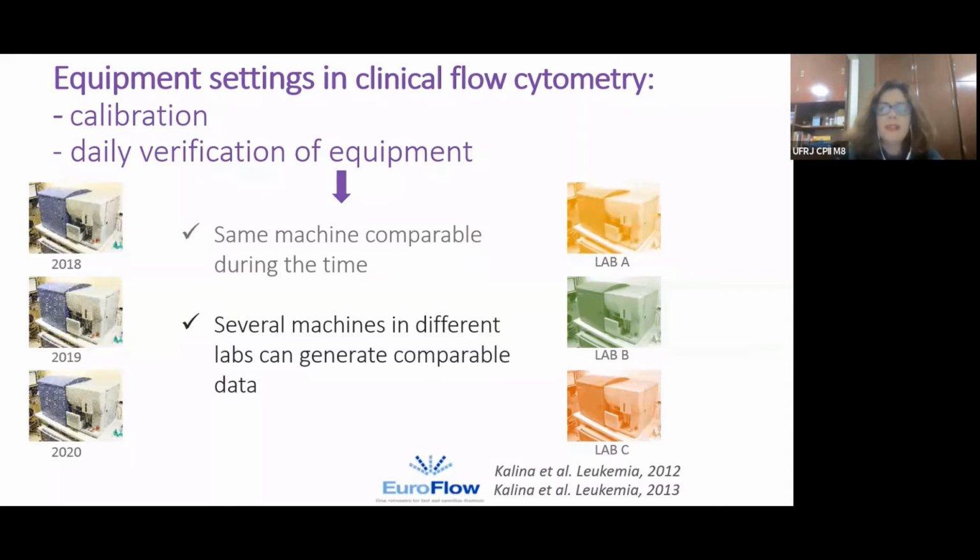If the center uses the same strategies as ours, if it follows, for instance, Euroflow procedures, we can compare our files from before the bone marrow transplantation and the files after, and it occurs nowadays.